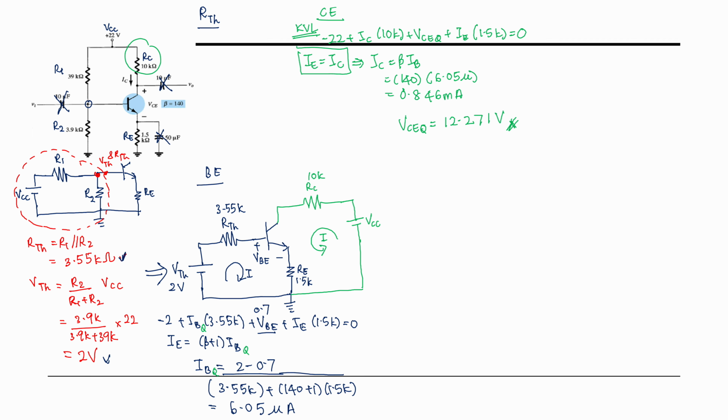Okay, this is not finished yet because the question asks about the VC and all the other values. So from here we can find the value of VE. What is the value of VE? VE is easy, IE multiplied with RE. So what is the value of IE? IE, either you use IB beta plus 1 RE 1.5K, or you use IC RE, both are acceptable.